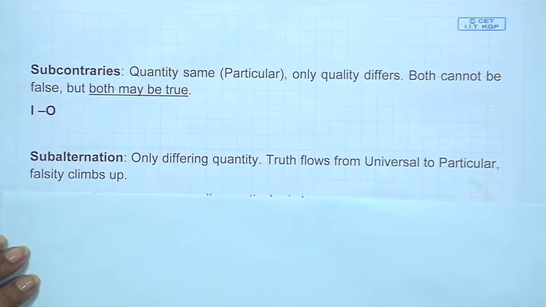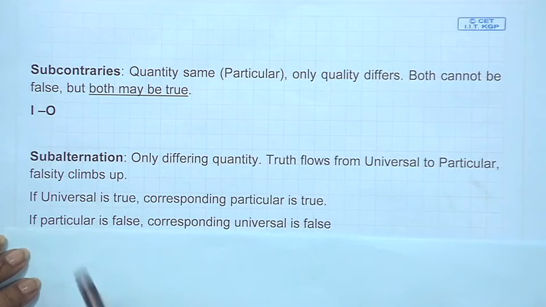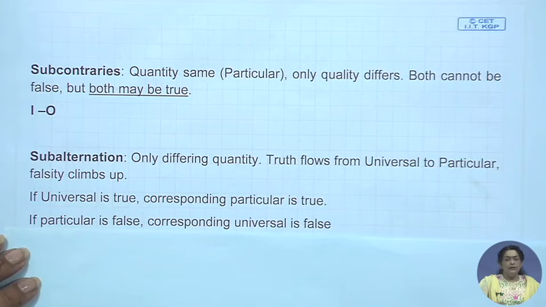When that happens, we say the truth flows from the universal down. That is, if you know that the universal is true, you can infer that the corresponding particular must be true. Whether it's A or E, you know the corresponding particular must be true. On the other hand, the falsity climbs up, meaning what? If you know the particular is false, the corresponding universal must be false, right.